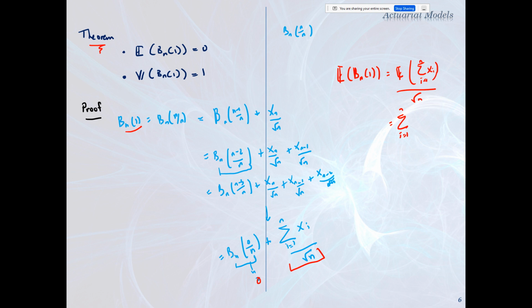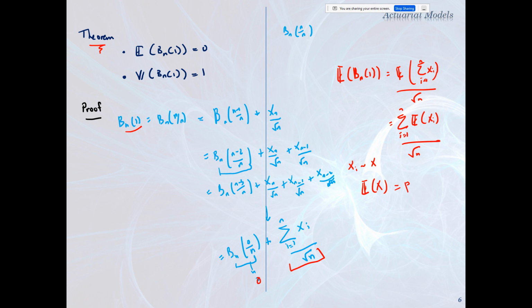So it will be the expectation of xi over square root n. Let's find the expectation of xi. Let's write it as x itself because they are identically distributed following the same x, independent of the i.